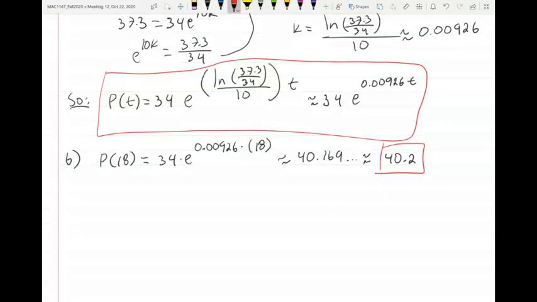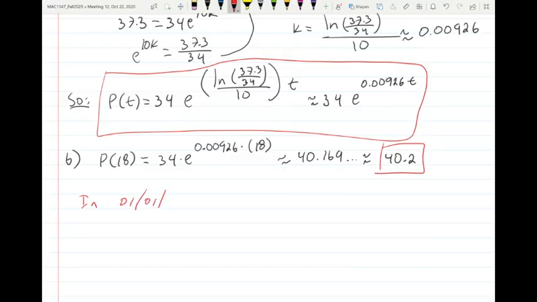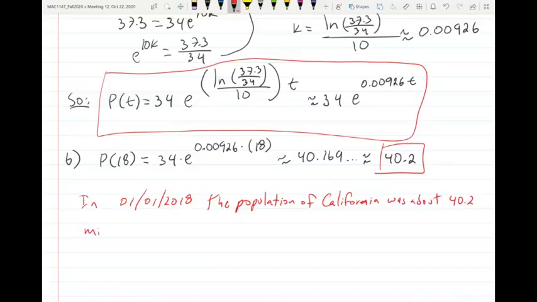That means that on January 1st of 2018, the population of California was about 40.2 million. Okay, questions on part B?